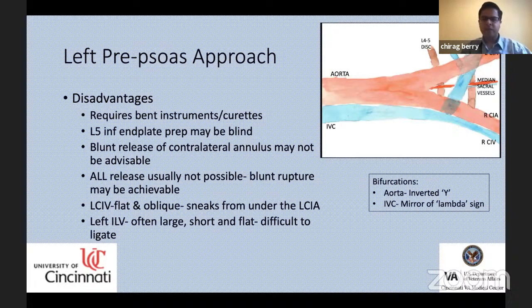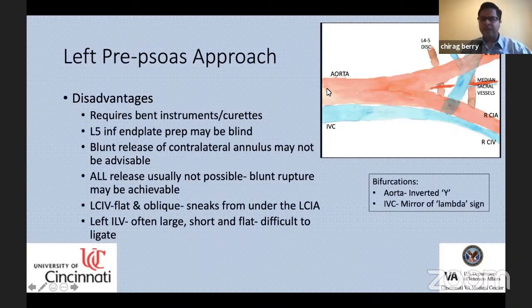It can be very difficult to recognize if you're not used to seeing it, but you do have to recognize it so you can avoid an injury to it. Also, the left iliolumbar vein can be very broad and short, so ligating it can be a bit of a challenge as well, to allow mobilization of these vessels.